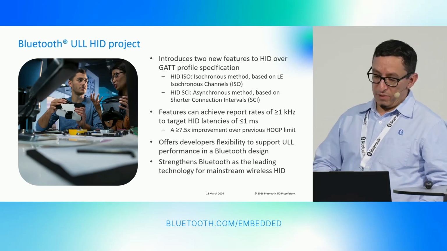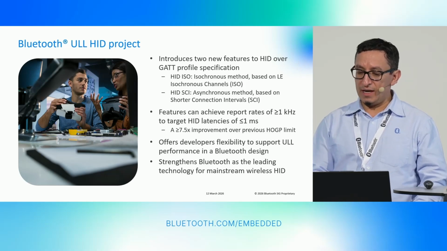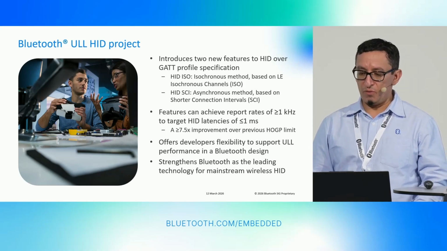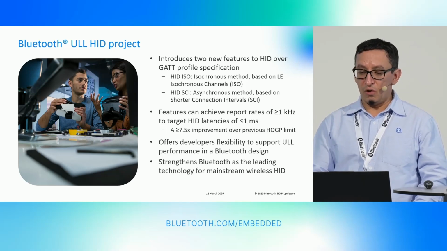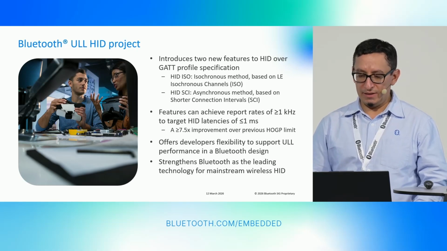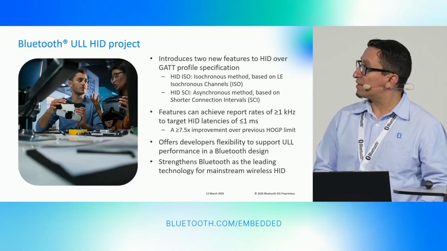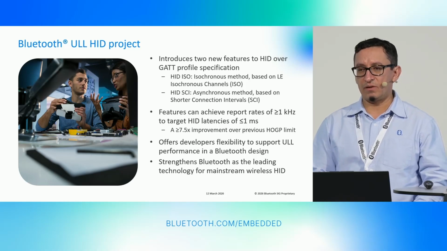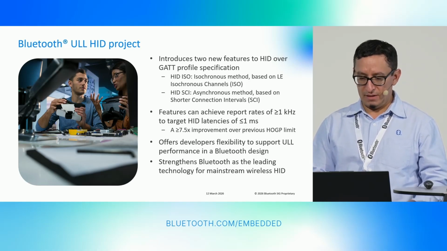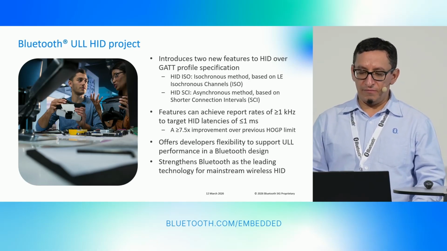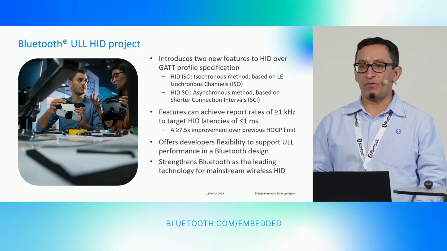The key thing to keep in mind is that HID ISO and HID SCI can achieve a maximum report rate of 1 kilohertz or higher to allow targeting HID latencies of 1 millisecond or lower. This is important because it represents an improvement factor of about 7.5 or more versus the default max report rate achievable with HID over GATT profile.